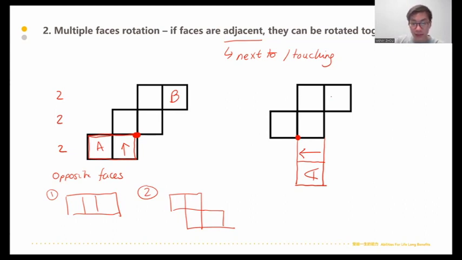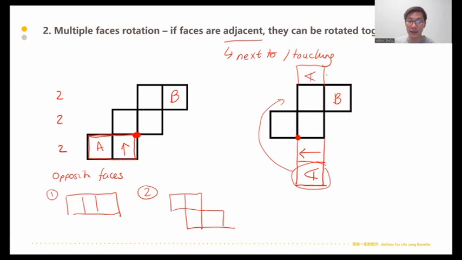And so can you see, it's actually a lot easier for me to check whether A and B are adjacent or not. How do I check this? Well, I can move this face A to the top, remember? Because this is now within the 4 in the middle, okay?